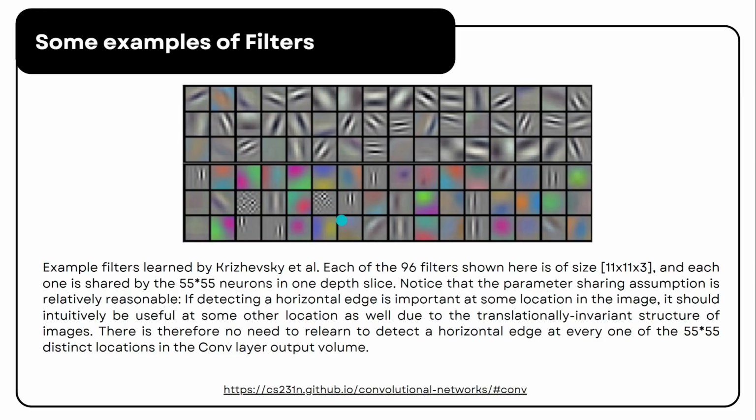So if a filter learns to detect a horizontal edge in one part of the image, it can recognize that same horizontal edge anywhere else too. That's a powerful and efficient way of processing visual data.